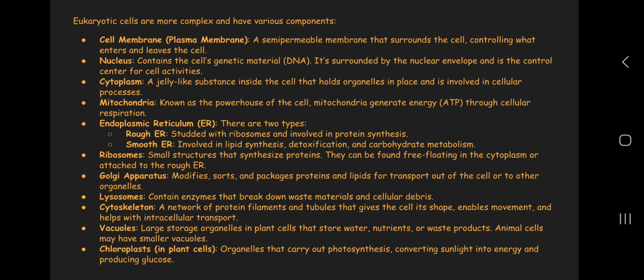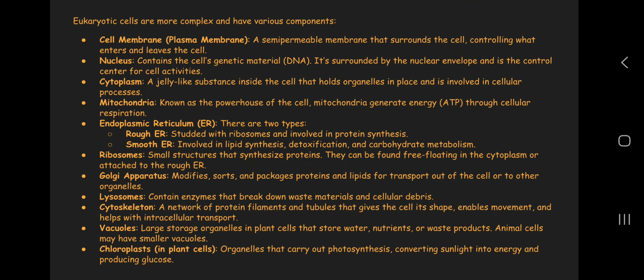Golgi apparatus modifies, sorts, and packages proteins and lipids for transport out of the cell or to other organelles. Lysosomes contain enzymes that break down waste materials and cellular debris.